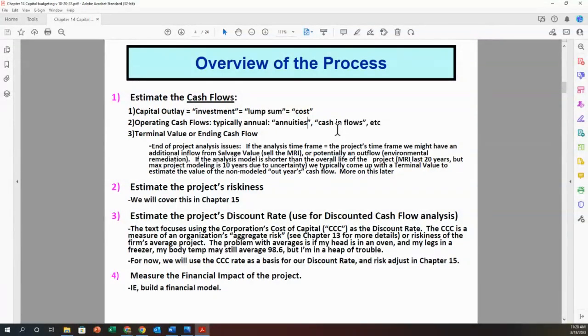So what we do to account, let's say we did a 5-year plan, to account for years 6 through 10, we come up with a terminal value or ending cash flow. I'm not going to test it or delve deep into it for the purposes of this class.